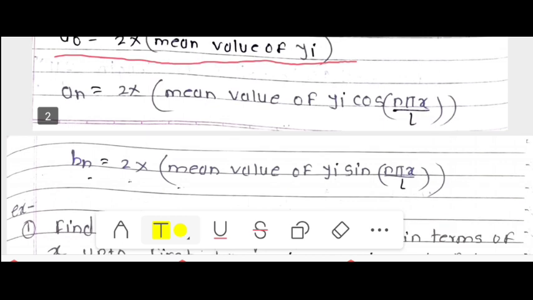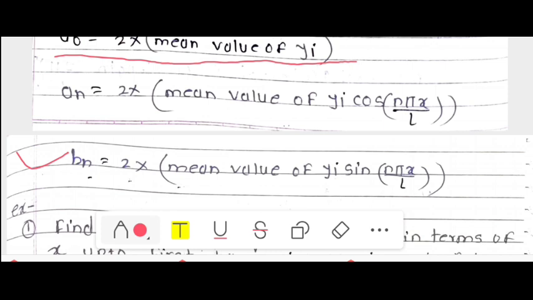Similarly, the formula for an is equal to 2 into the mean value of yi into cos n pi x upon L, that is, 2 into 1 upon m summation yi cos n pi x upon L. The similar formula for the Fourier coefficient bn is equal to 2 into the mean value of yi into sin n pi x divided by L.